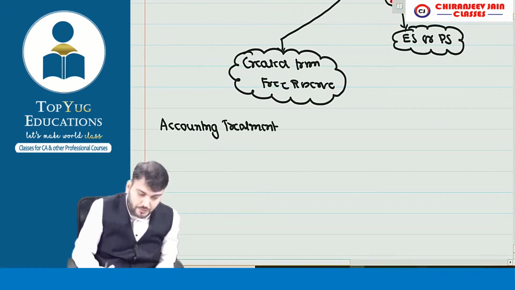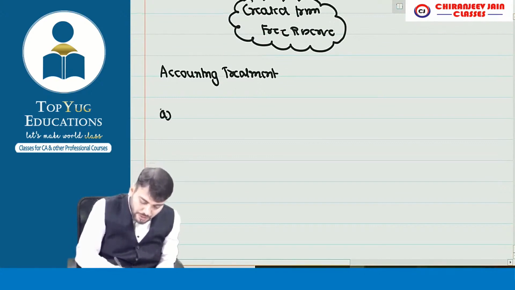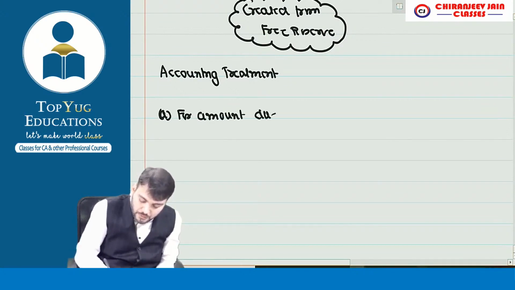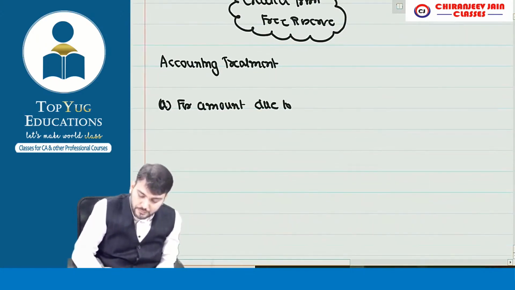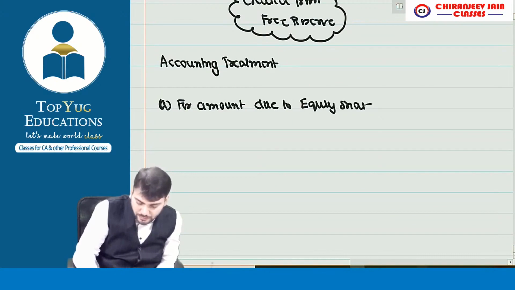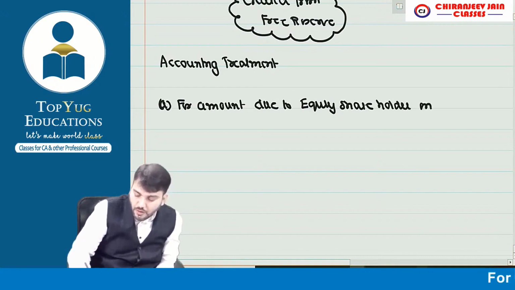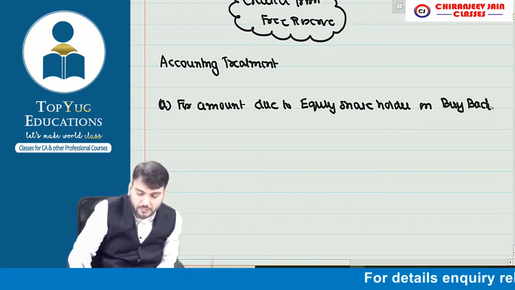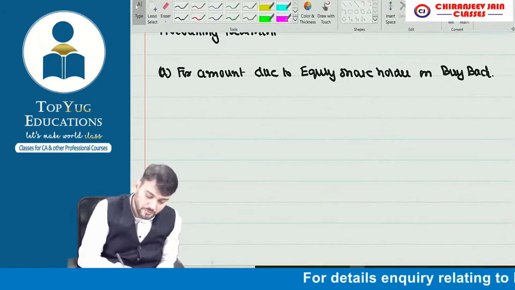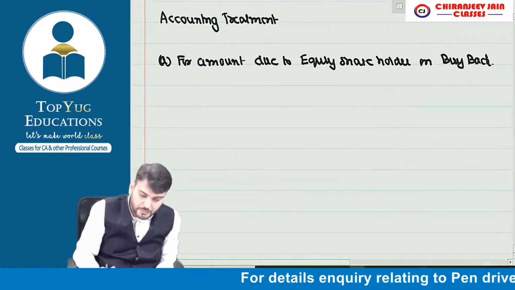Accounting treatment. Point number A: for amount due to equity shareholders on buyback, correct?